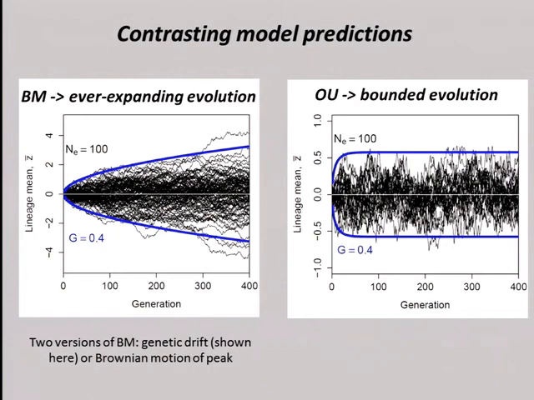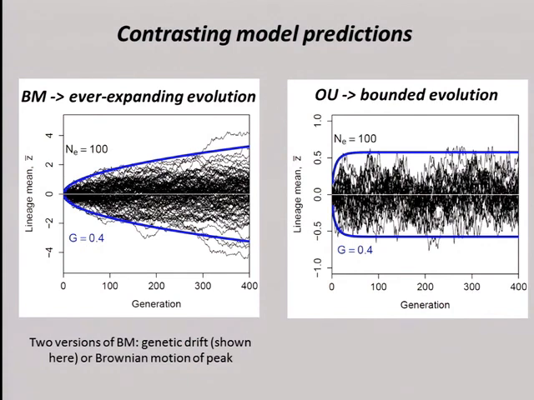Okay, here's what these two approaches look like. This is Brownian motion. It's either genetic drift of the mean or Brownian motion of the peak itself. In either case, it's an ever-expanding distribution of lineage means. So I'm plotting lineage means. Here are the replicates, and these are our 95% confidence limits. They'll be normally distributed under the central limit theorem.